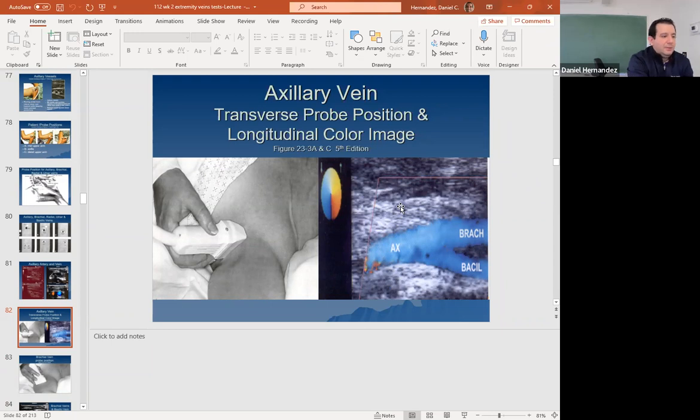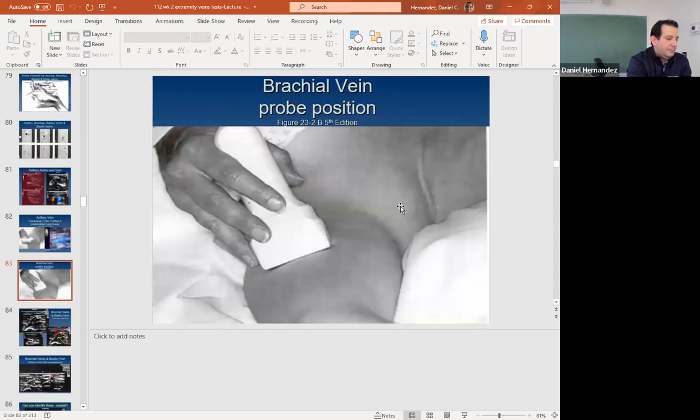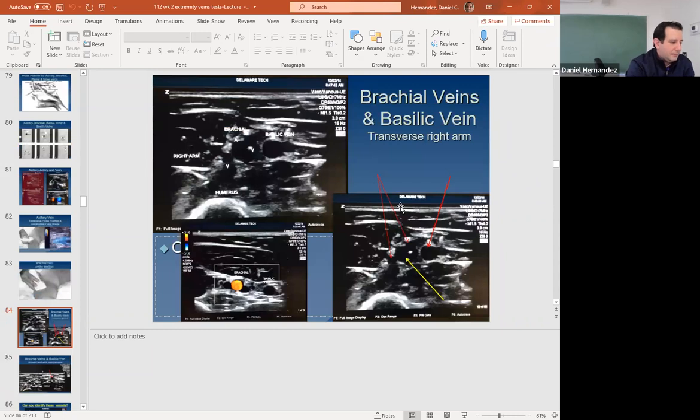Just our axillary vein, our transverse probe position, longitudinal color. So these are just some sonographic images now in the upper arm for the brachial and basilic veins.